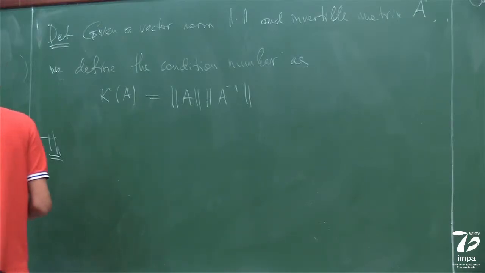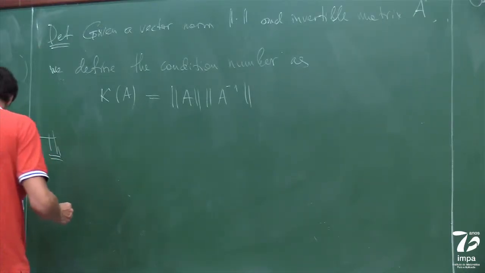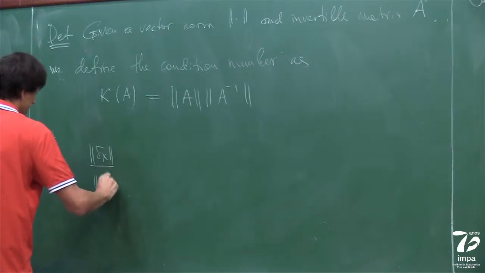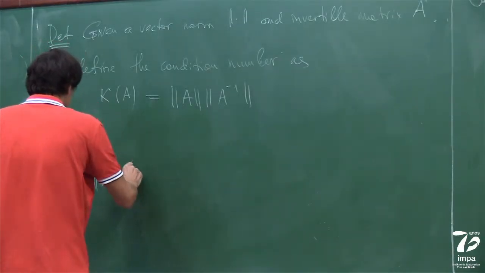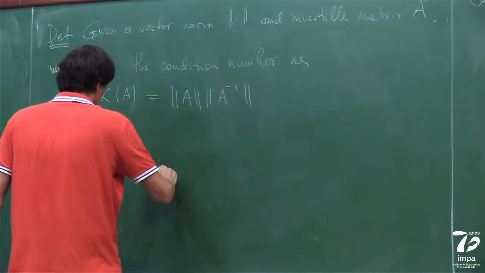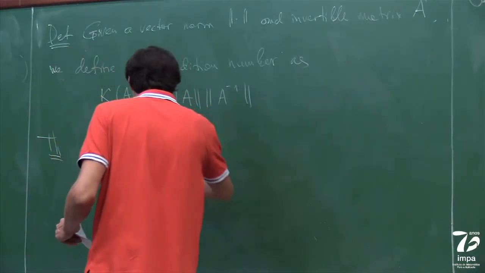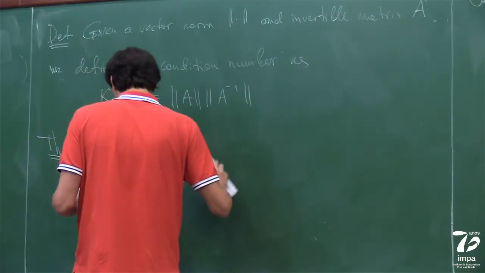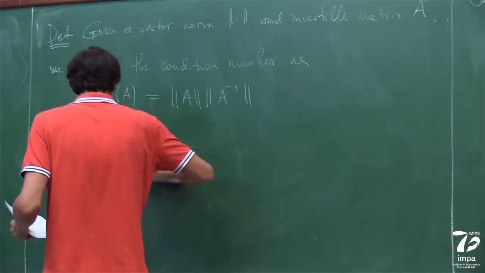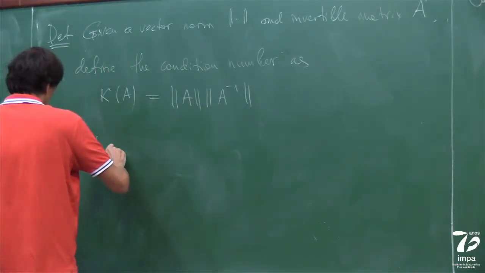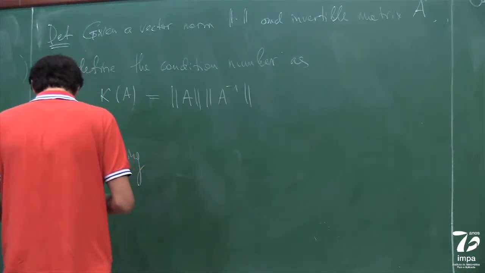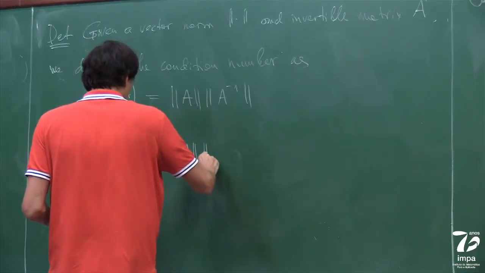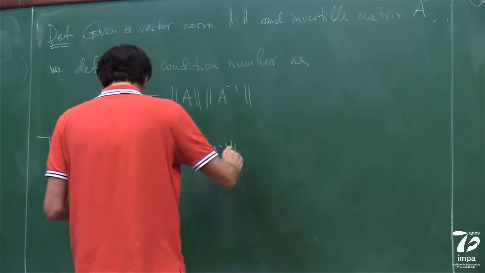The theorem tells you that for the solution of this equation, the relative error of the solution is bounded by the condition number divided by, no, assuming that norm of delta A times A minus 1 is smaller than 1.